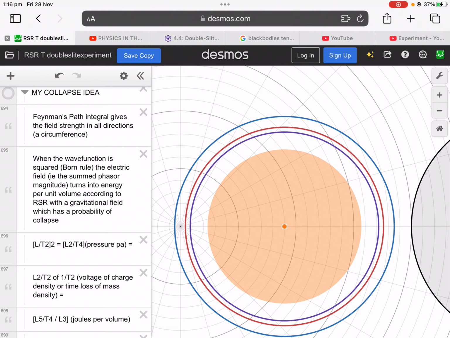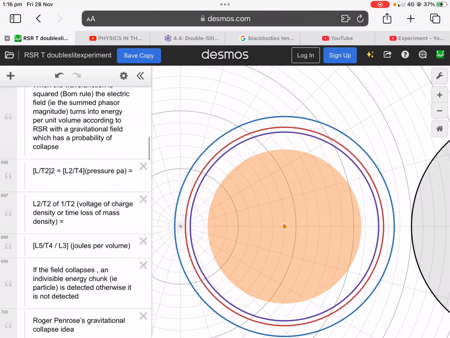So there's the calculation. You've got your electric field squared equaling, dimensional analysis says it equals pressure, which is a Pascal, and I could rearrange that and say that it's the voltage of charge density in terms of electric charge, or in terms of mass, it's actually time loss of mass density, or I could just call it joules per unit volume.